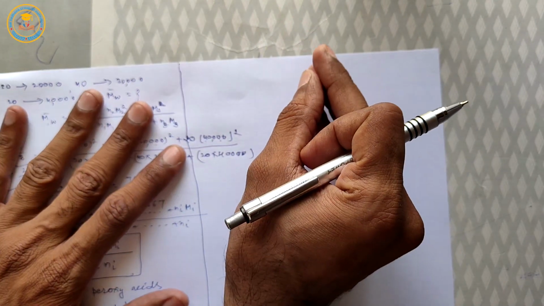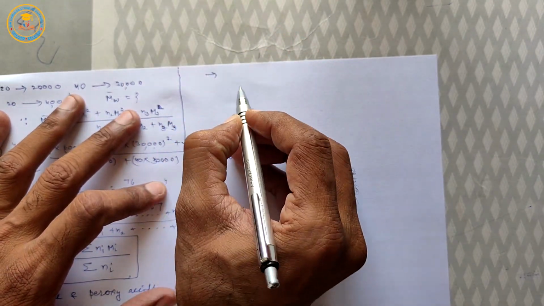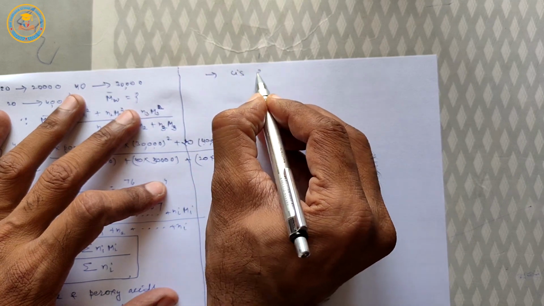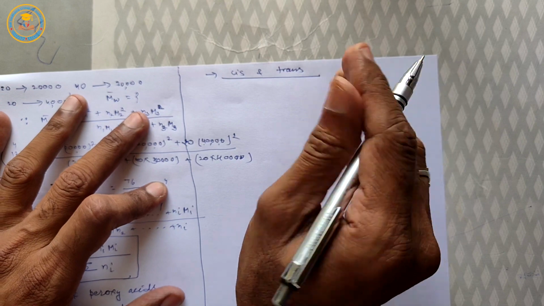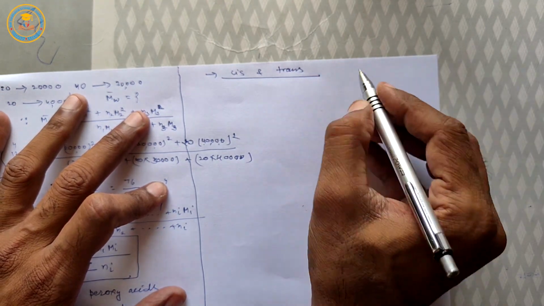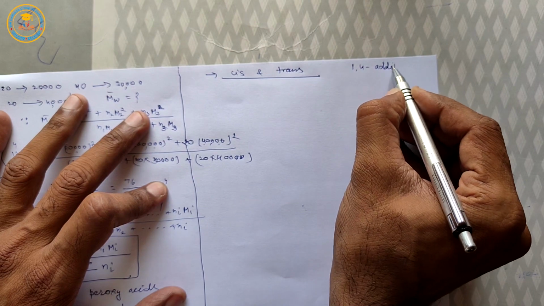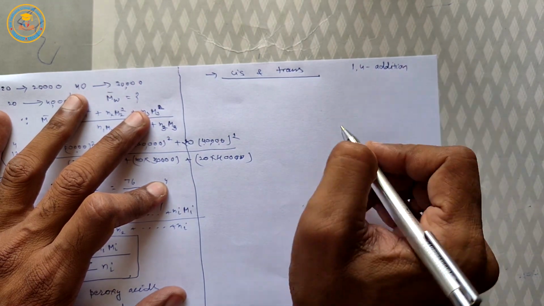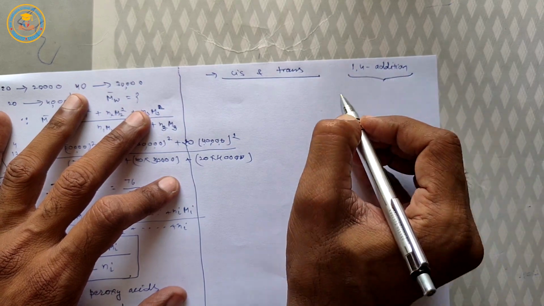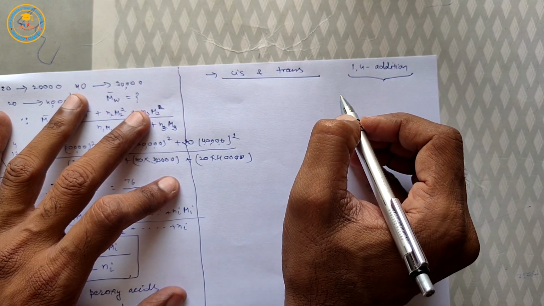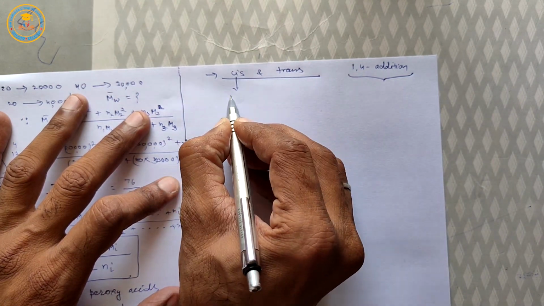Very important, cis and trans two isomers are obtained by 1,4 addition of isoprene monomers. Natural rubber is the cis isomer. Very important.